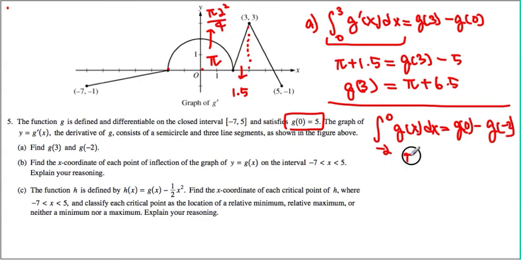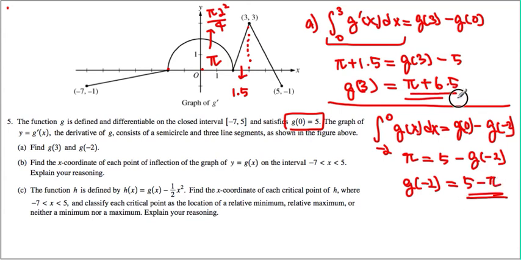So this portion becomes pi. But g of 0 equals 5 minus what we're looking for, g of -2. Then what we end up getting is this. G of -2 will be then equal to 5 minus pi. That becomes our answer.